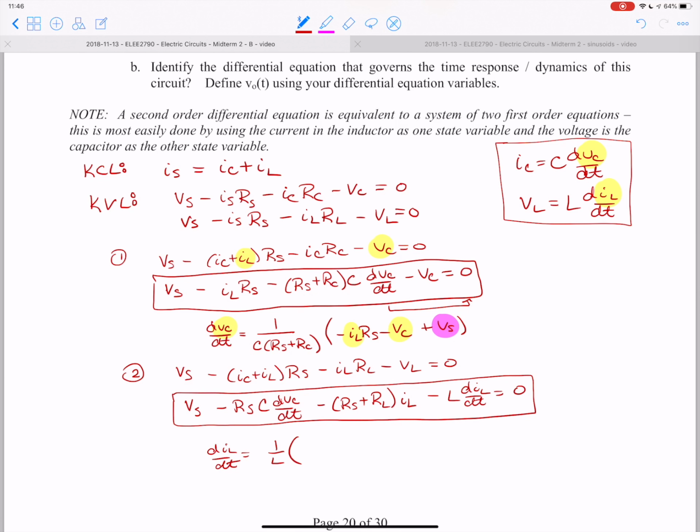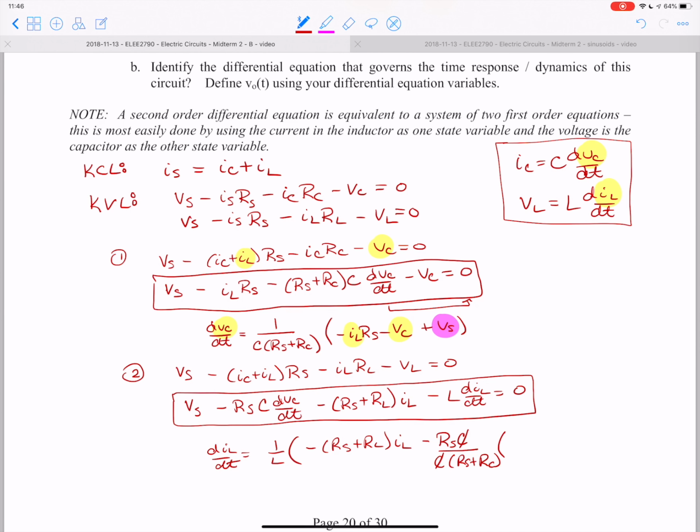So on this side, you're going to have negative Rs plus RL times IL. Then you're going to have negative Rs times C. But what you do is you actually replace dVc by dt with the equation up above. So this is going to be over C times Rs plus Rc. Notice that these C's actually cancel themselves out.